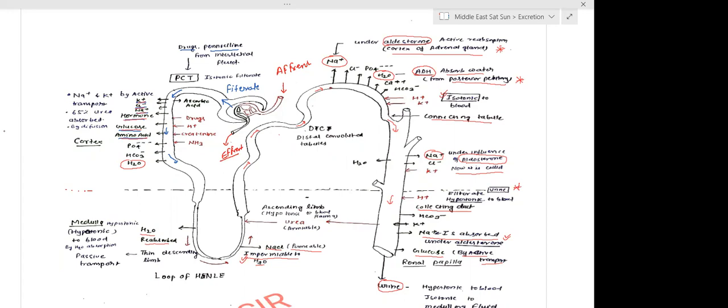From Bowman's capsule, the glomerular filtrate enters into the PCT. Full stop.